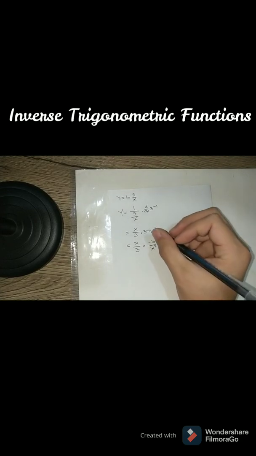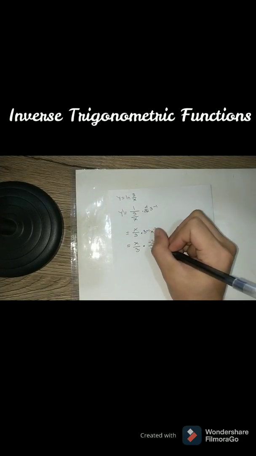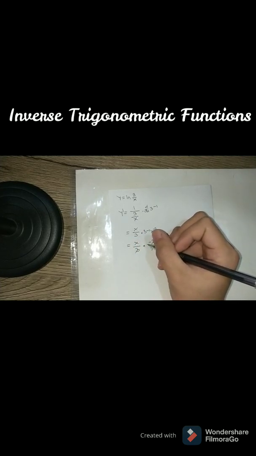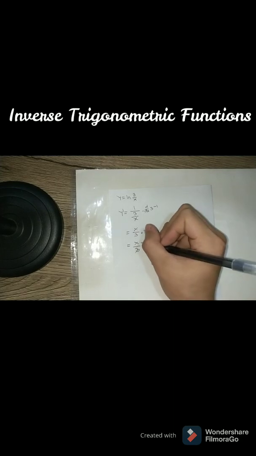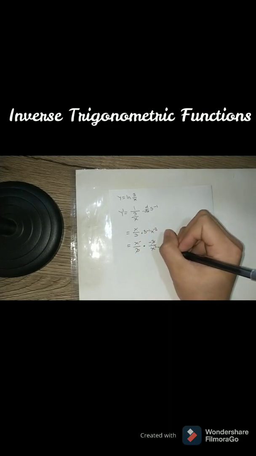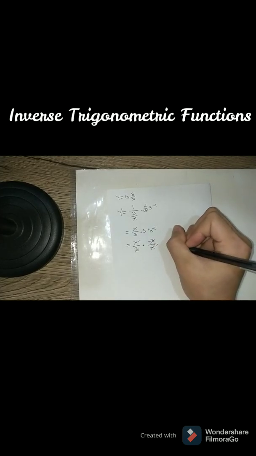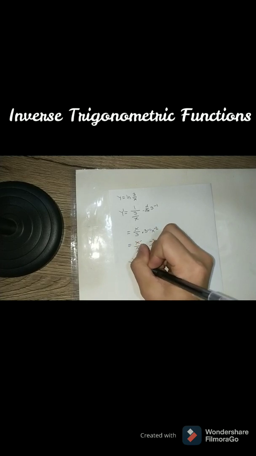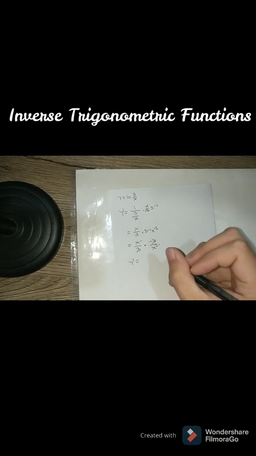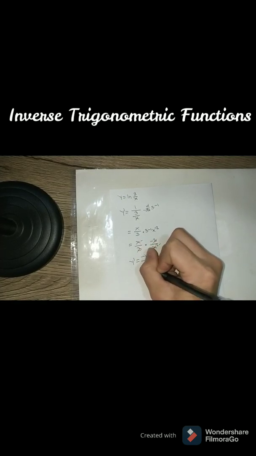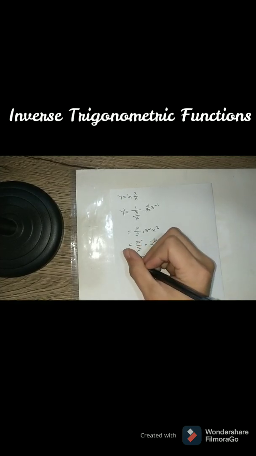So the 3 cancels, becomes negative 1, and x is not eliminated, so x squared becomes x. So the final answer is y prime equals negative 1 over x.